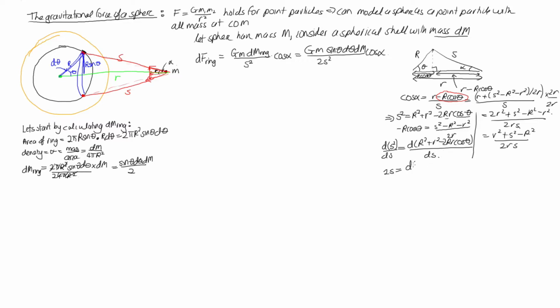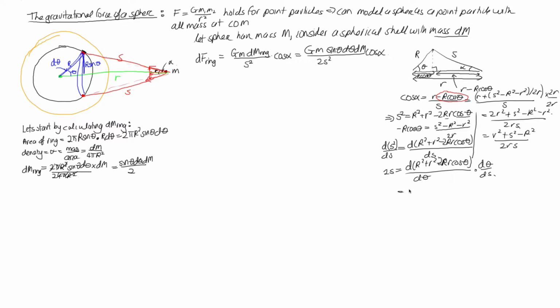Let's go, this is d of R squared plus r squared minus 2Rr cos theta, d theta, times d theta ds. And so differentiating this with respect to theta, we end up with R squared and r squared are independent, so when we differentiate them, they're 0. And now we're differentiating minus 2Rr cos theta. So when we differentiate cos theta, we get minus sine theta.